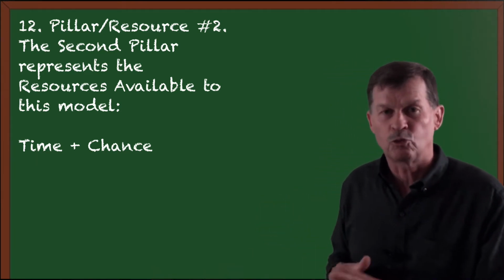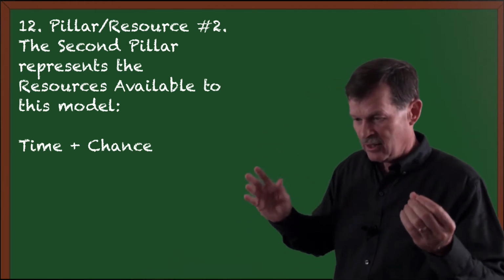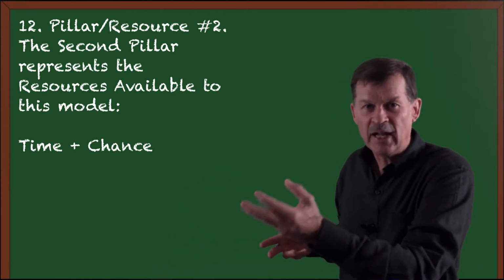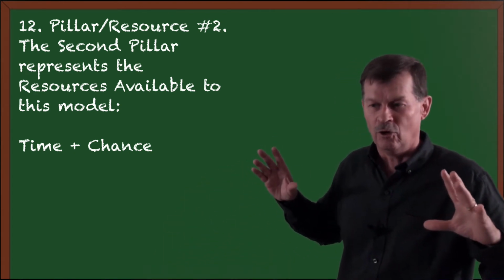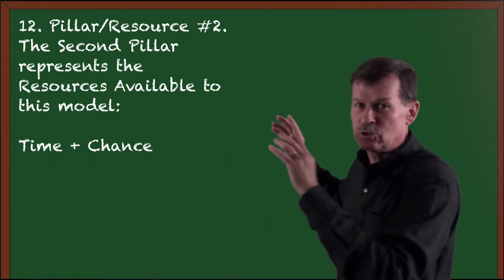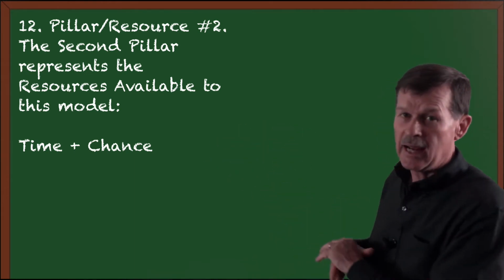Chance meaning that it's random. It's not programmed. It's not planned. It's not following out the end will of any mind or any other product. It is by chance. It's by random production, and it's over time.